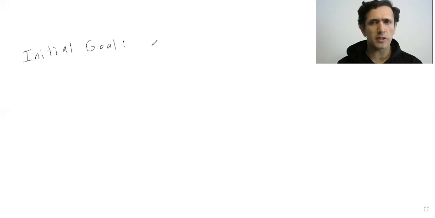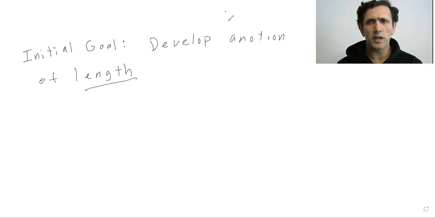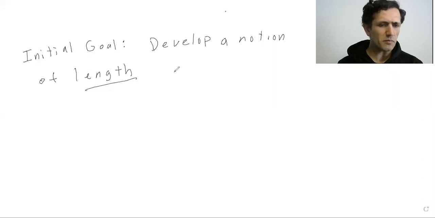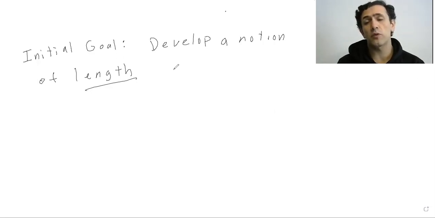So what I want to do is basically develop a notion of length. And in particular, what I ideally want to do is develop a really good, nice notion of length for all subsets of the real line.